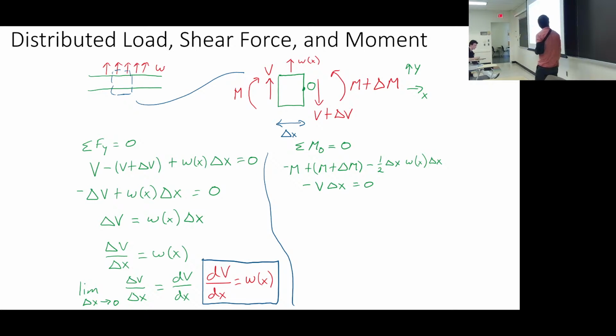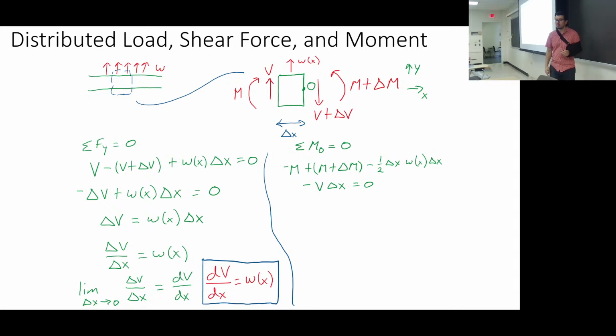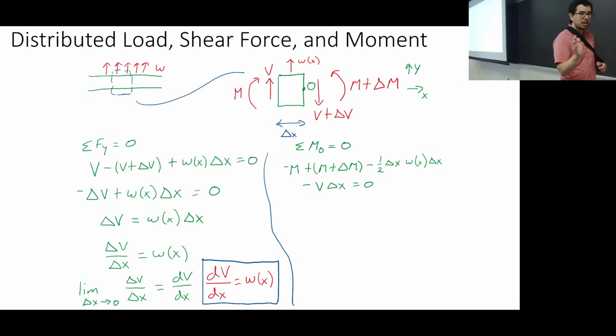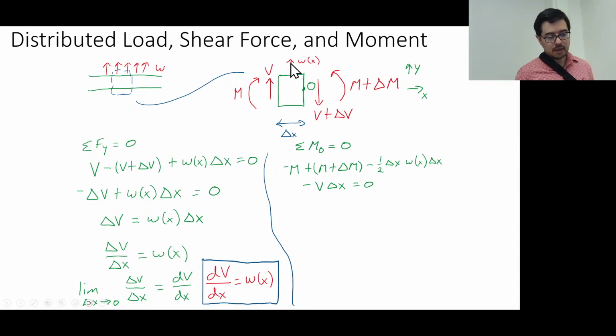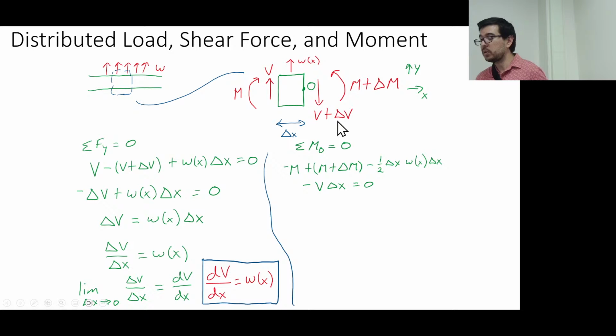Here it's a little tricky, right? But you see that W of X is being applied about halfway across this thing, and it has a magnitude of W of X times delta X. So that's the moment, and at least relative to this, it's clockwise, so it's going to be negative.